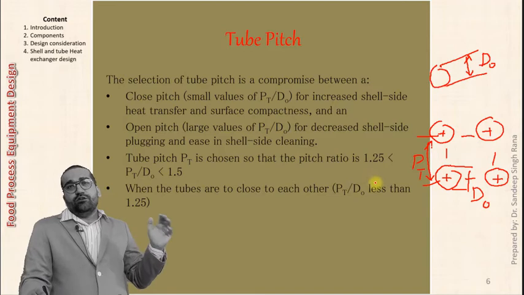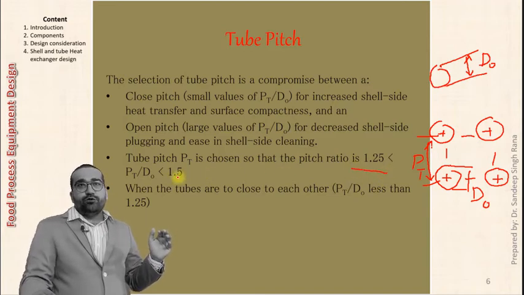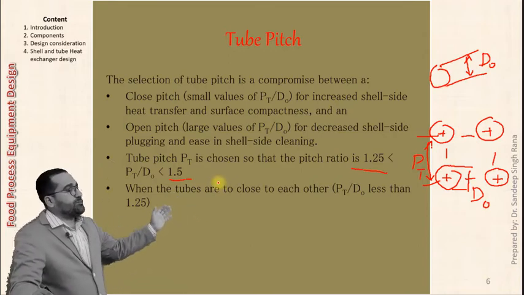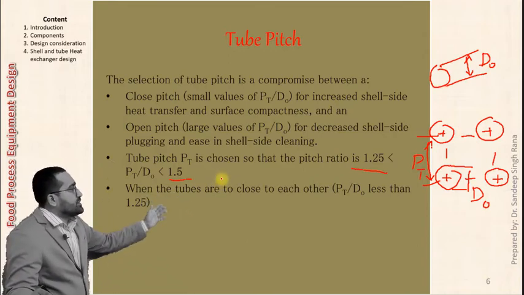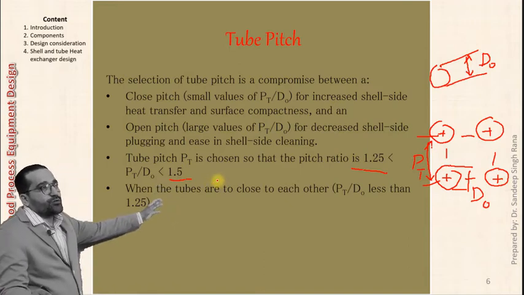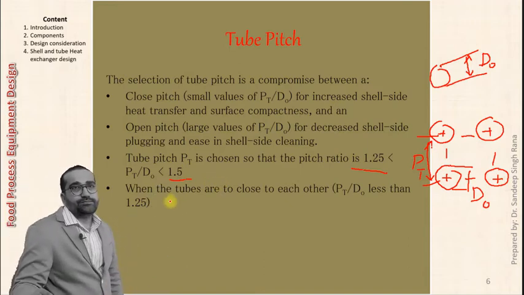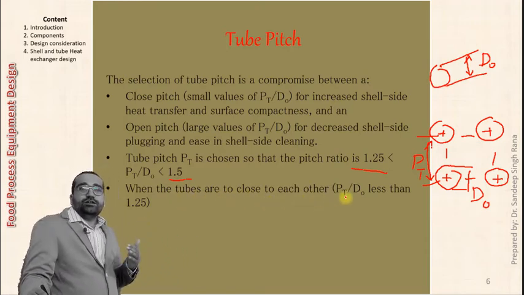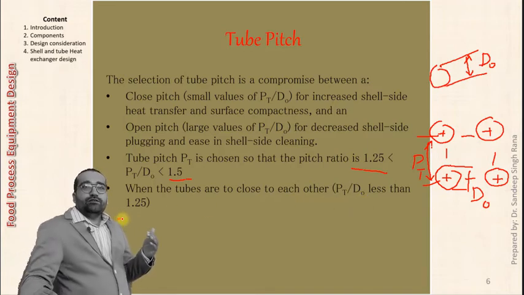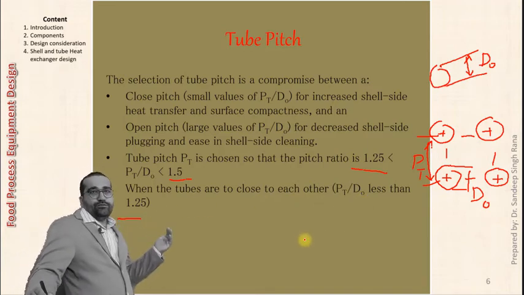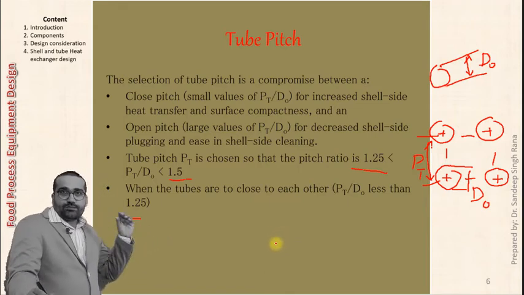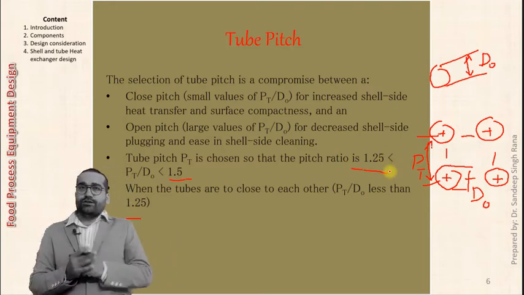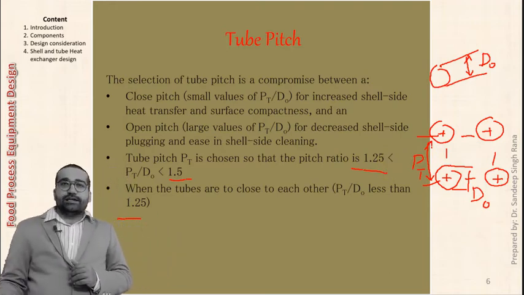Generally, the ratio PT by D naught lies between 1.25 to 1.5. And if the tubes are close to each other, it should be less than 1.25 of D naught for a better design.